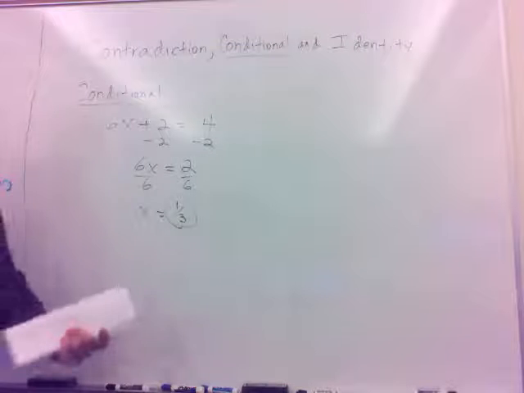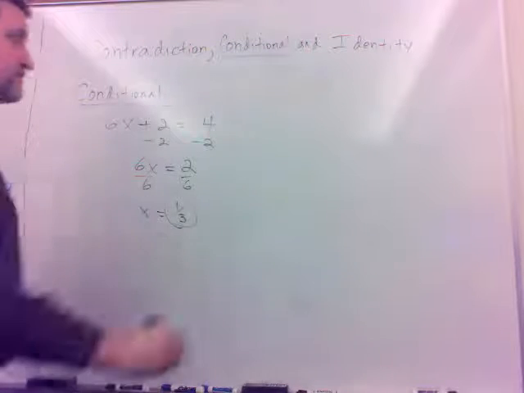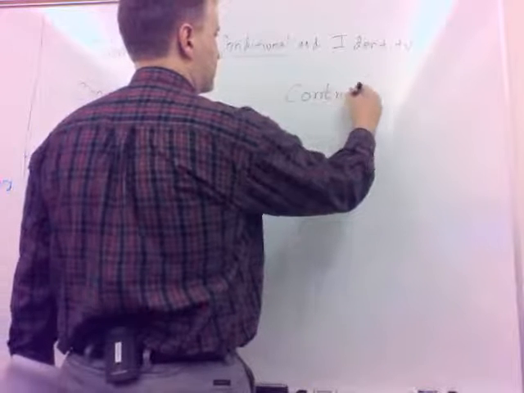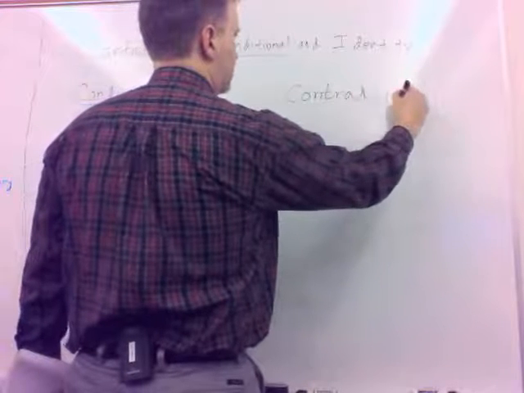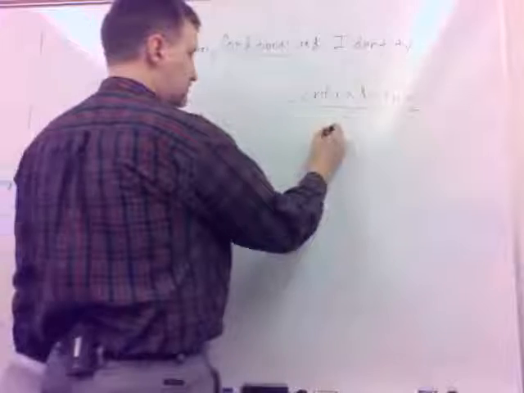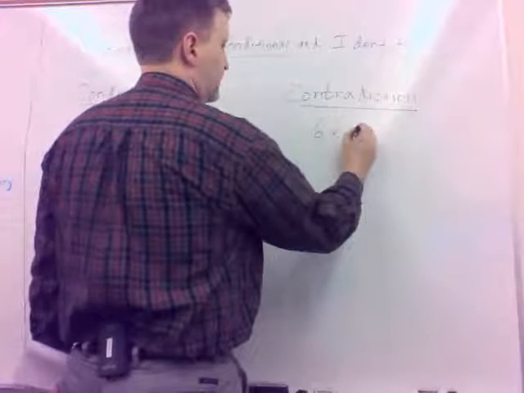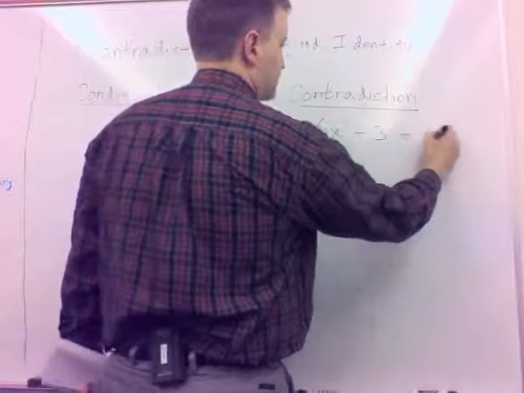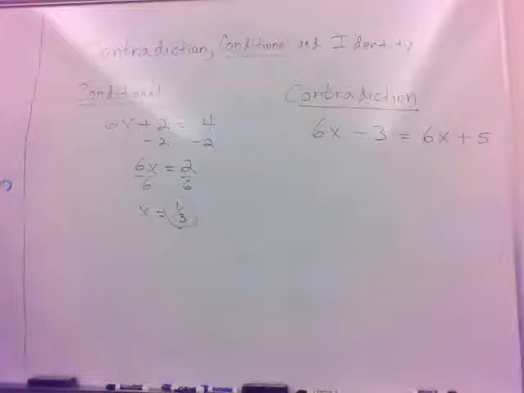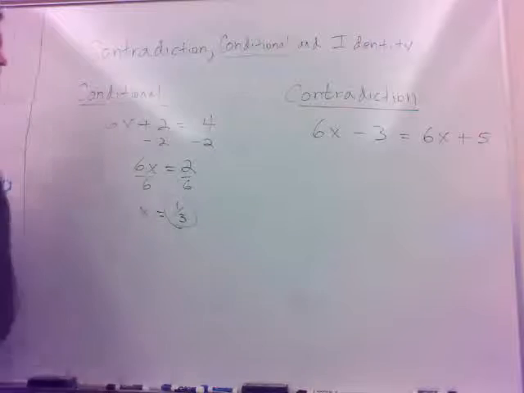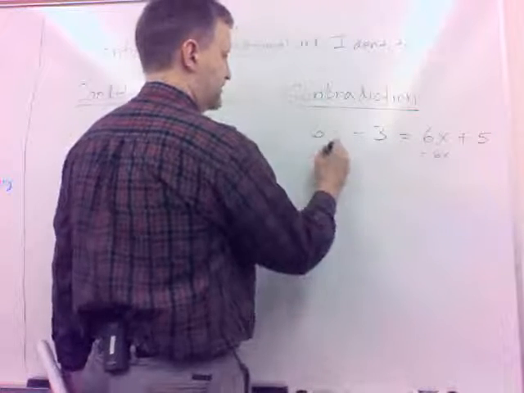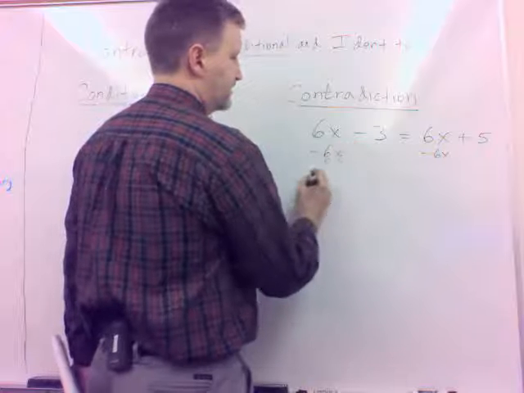What we mean by contradiction, well, let me just give you an example. Let's say we have 6x minus 3 equals 6x plus 5. We go about solving that one. Well, we get the constants on one side, the variables on the other. Let's subtract 6x.